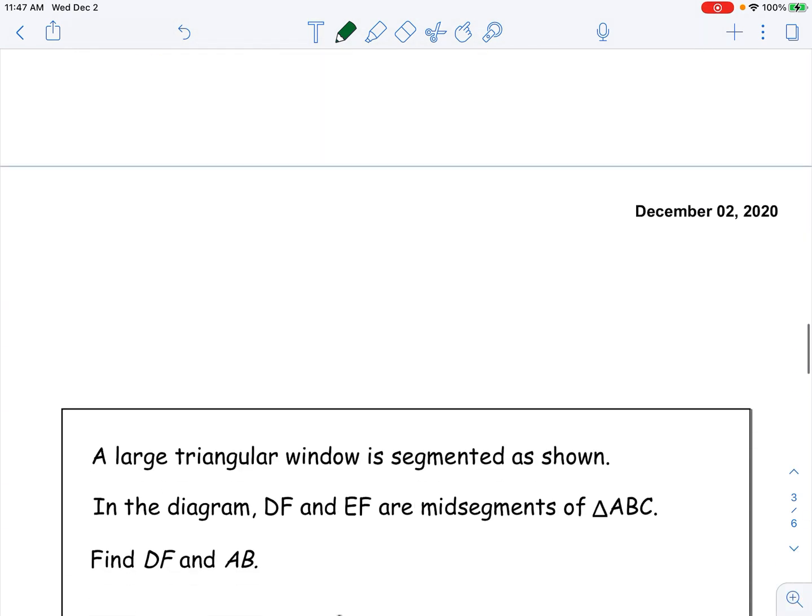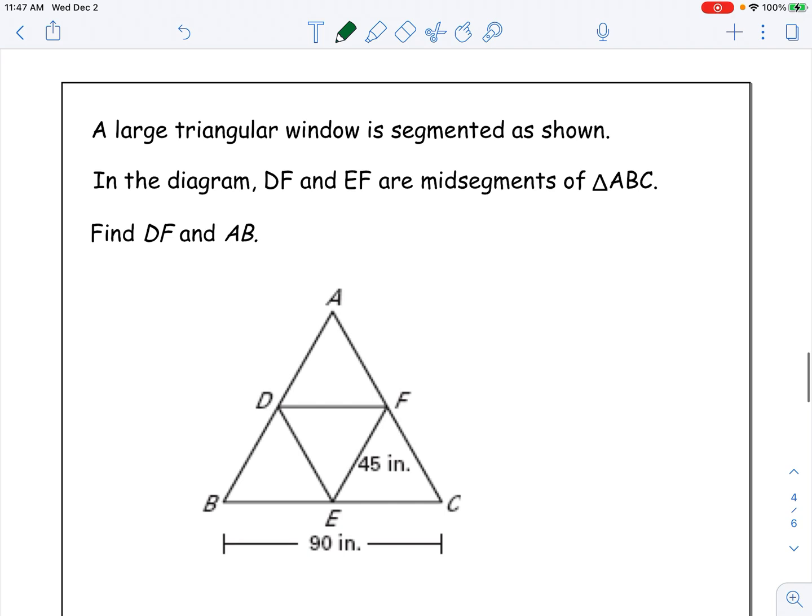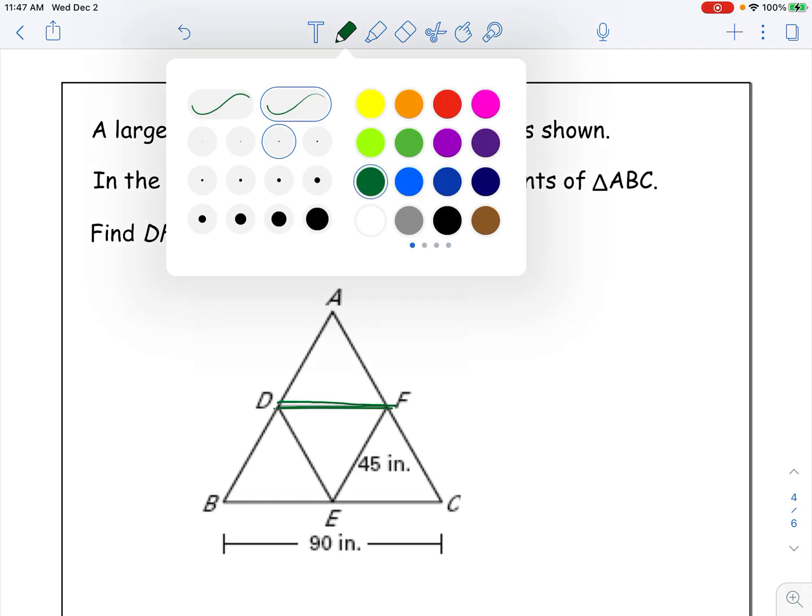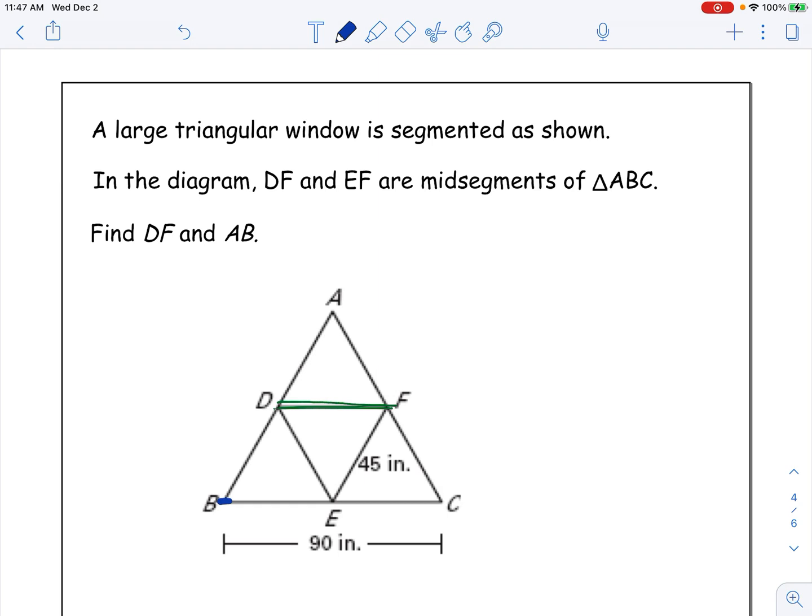Taking a look at a couple examples then. It says a large triangular window is segmented as shown. In the diagram, DF and EF are mid-segments of triangle ABC. Find DF and AB. So let's start with DF. DF is a mid-segment. DF is going to be half the length of the third side. So it is going to be half the length of BC.